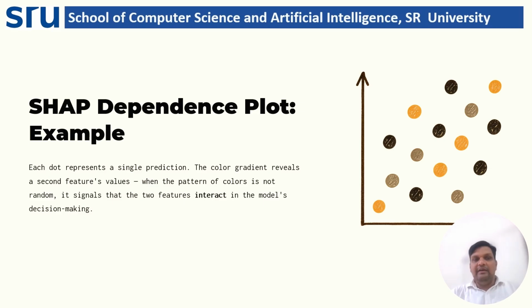SHAP dependence plot examples. Each dot represents a single prediction. The color gradient reveals a second feature's value. When the pattern of color is not random, it signals that the two features interact in the model's decision making.